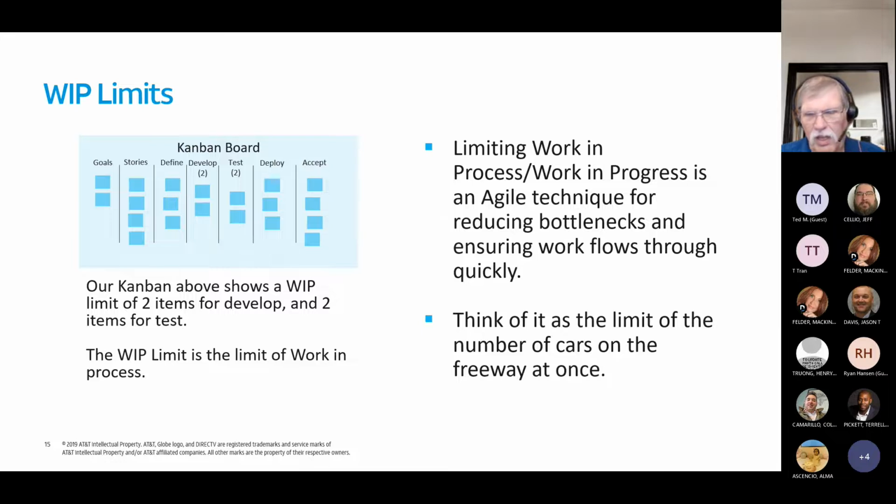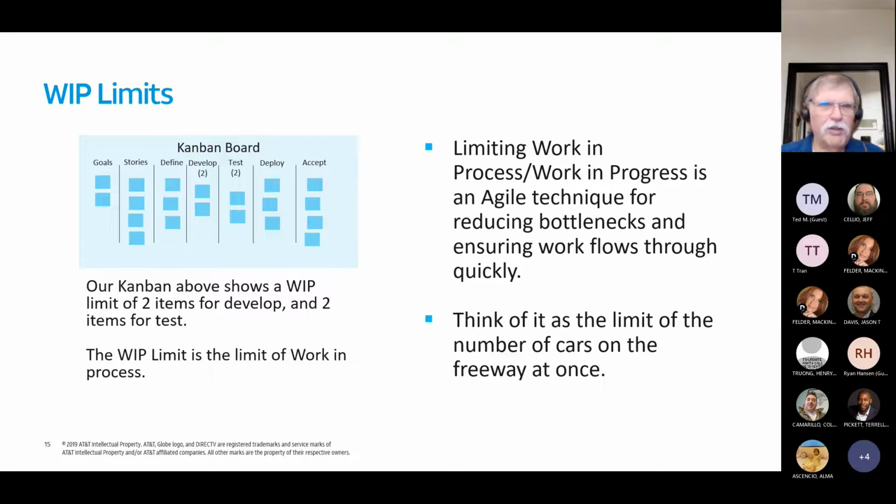It's going to be determined by the number of people you have working on a particular lane, how quickly they can clear things, how quickly everything downstream from them can be cleared. Okay, by limiting the amount of work in progress, we can eliminate bottlenecks.